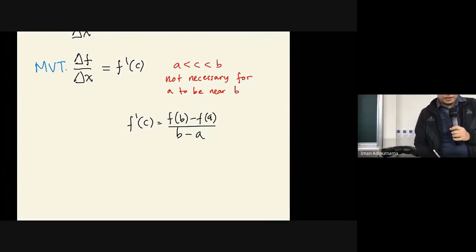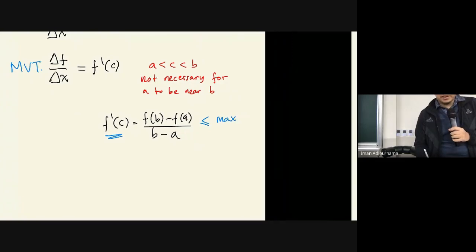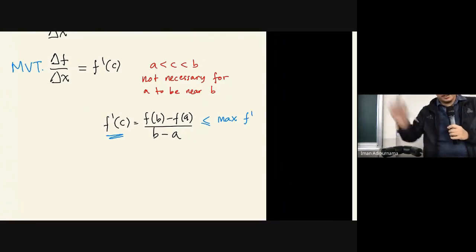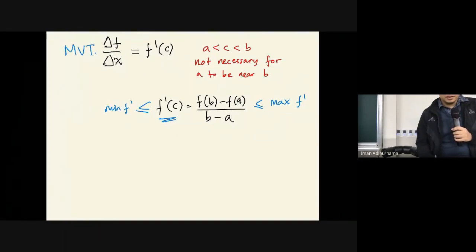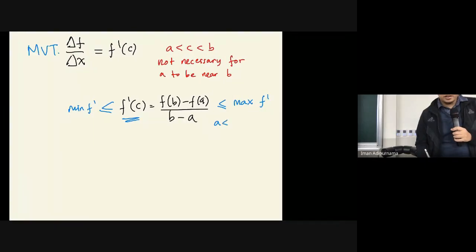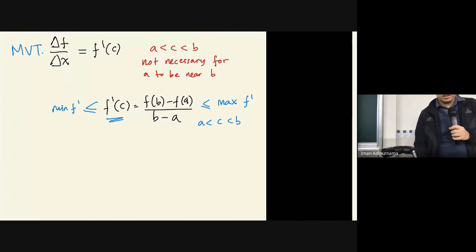You may have the maximum f prime at some point, and you may have the minimum f prime, and c is between a and b.